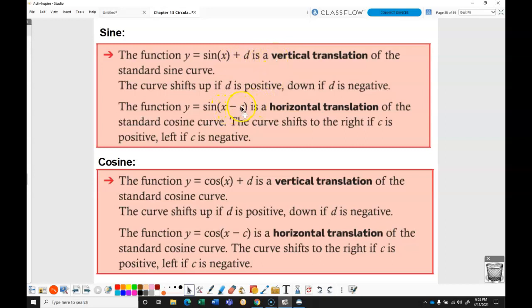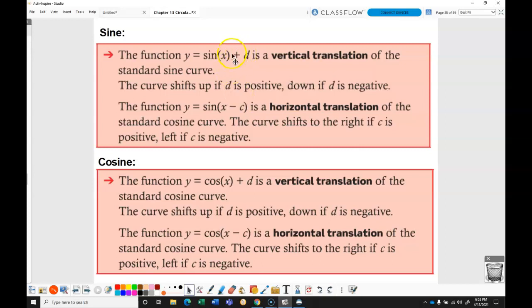If you're adding or subtracting something inside the parentheses with the x, that's your horizontal translation. Now these two things are exactly what we've worked with all along when we dealt with h and k. We had quadratics that had a horizontal shift and a vertical shift. We did absolute values. We did exponential graphs. So it works the same exact way.